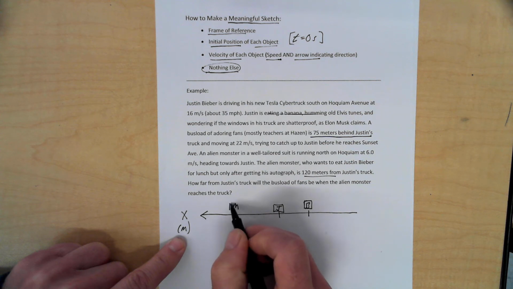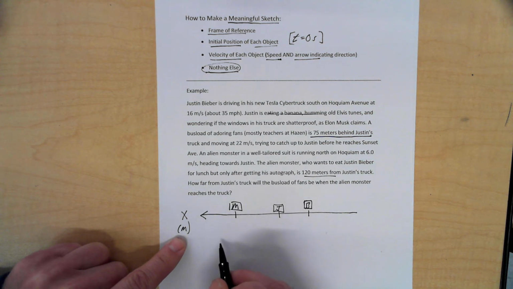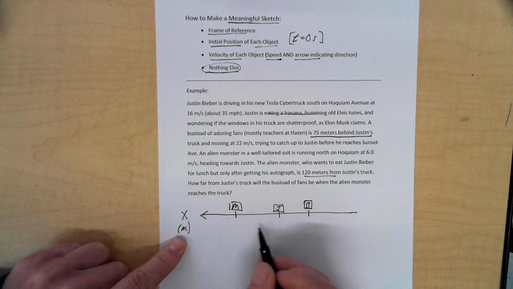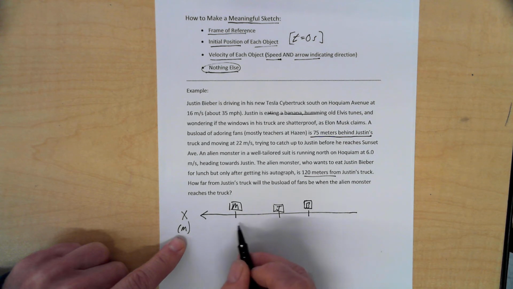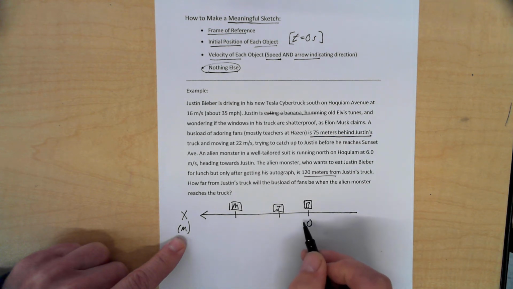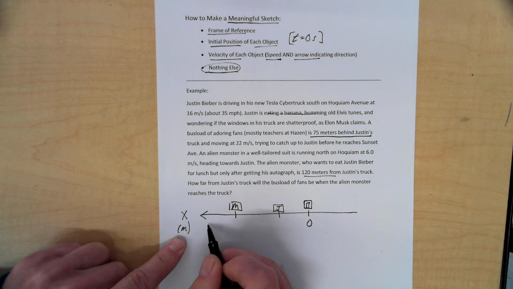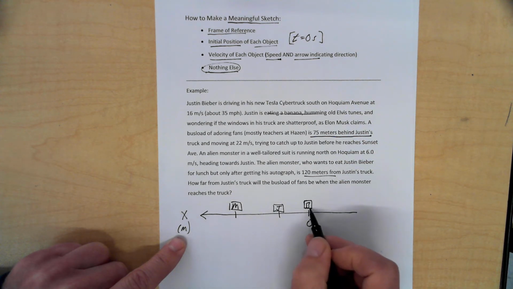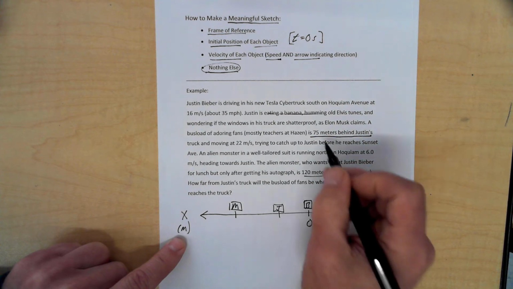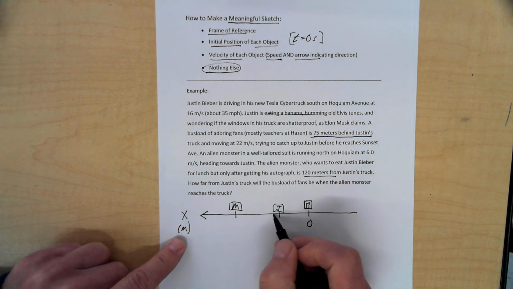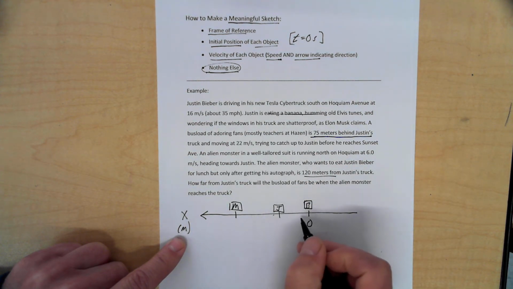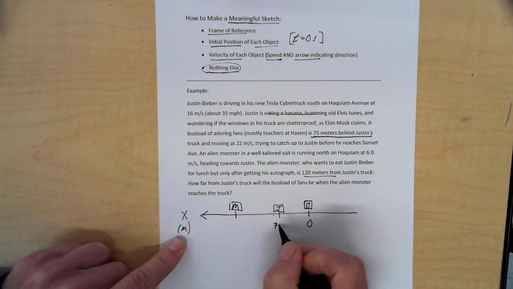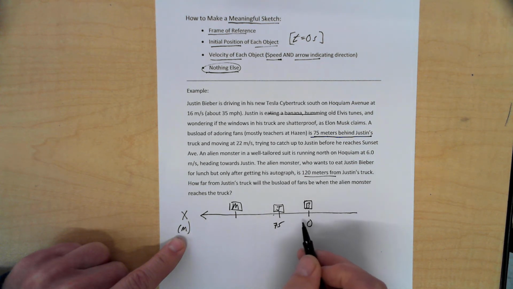So here's the monster. Now you can put the origin anywhere you want. I'm going to put the origin here because that means these are all positive values. I tend to like positive numbers more than negative. Now, if the bus is at 0, where's Justin? Justin is 75 meters on this side, so his position is going to be 75.